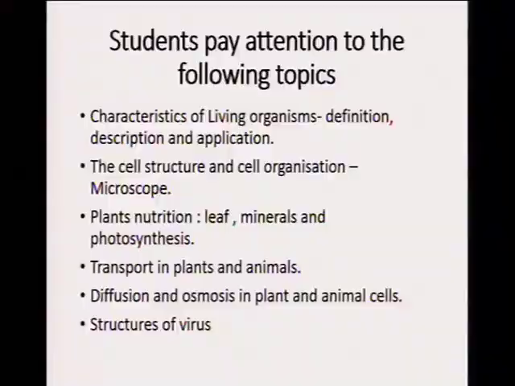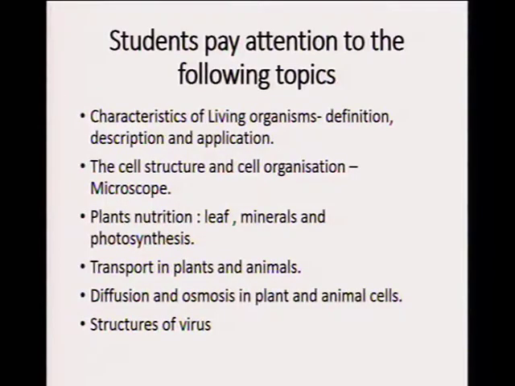A group of different tissues makes up an organ. A group of different organs and tissues working together makes up an organ system. A group of different organ systems and organs makes up an organism. That is what we refer to as cell organization: the different levels that make up an organism.